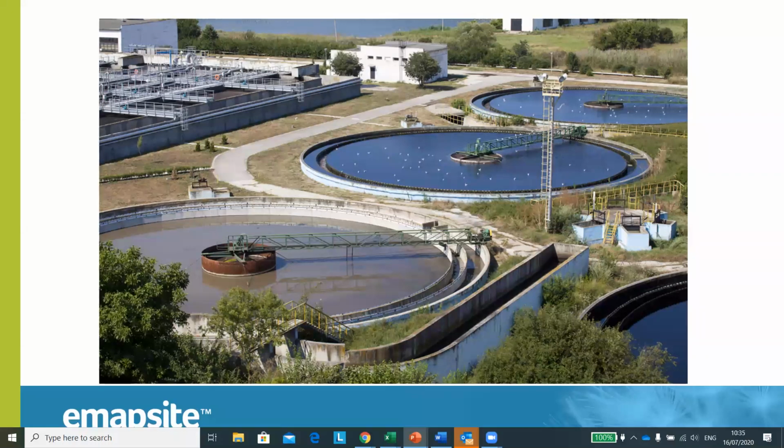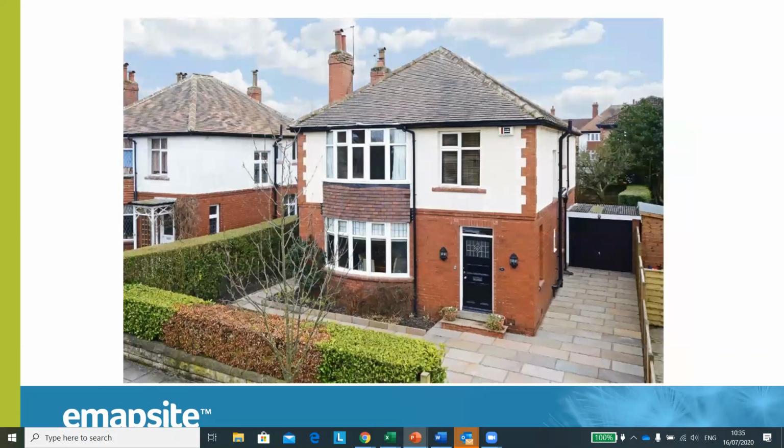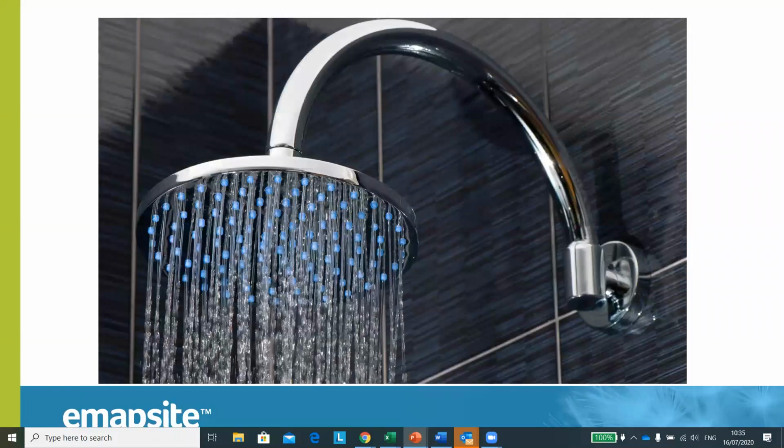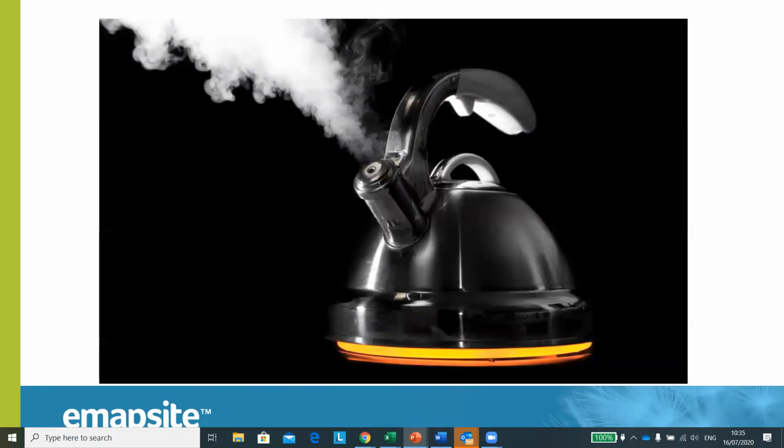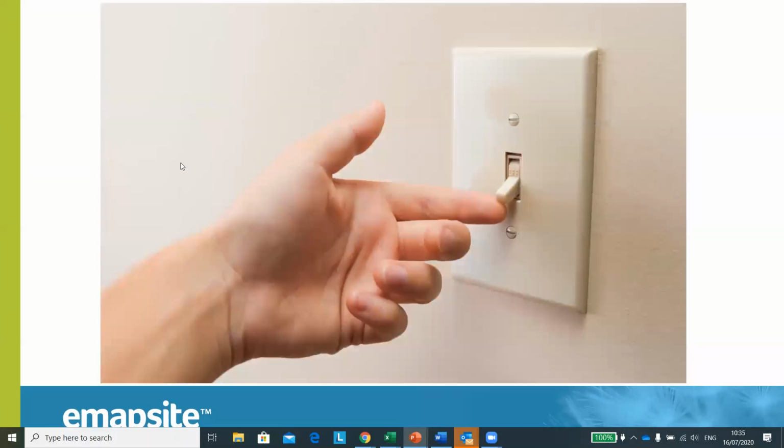They're just some of the more well-known ones. And then all of these feed into homes and businesses across the country, allowing you to do things like run a shower, boil a kettle, or turn on a light. So really just a basic overview of what we're talking about. Utilities, everything from power stations right down to flicking on a light switch.